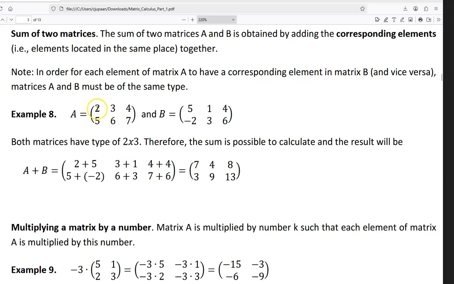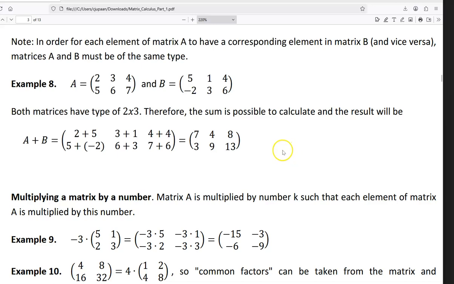They have to have the same number of rows. As we see, both have 2 rows, and they have to have the same number of columns, and they both have 3 columns. So it is possible to do this matrix addition, and it is a very simple rule.